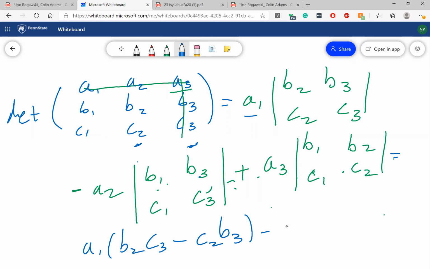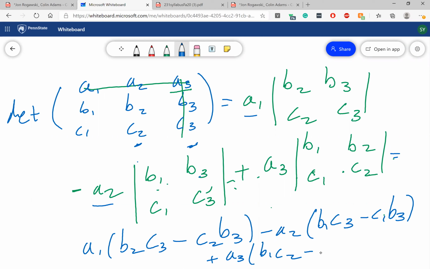Okay, minus, and then we go to A2 over here, times the determinant of this matrix, which is B1C3 minus C1B3. Okay, plus A3 times B1C2, so B1 times C2 minus C1 times B2. And that's going to be the determinant of this matrix.